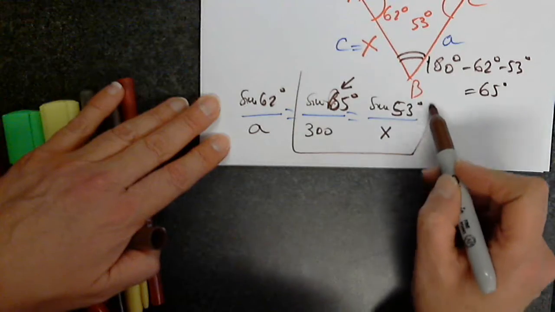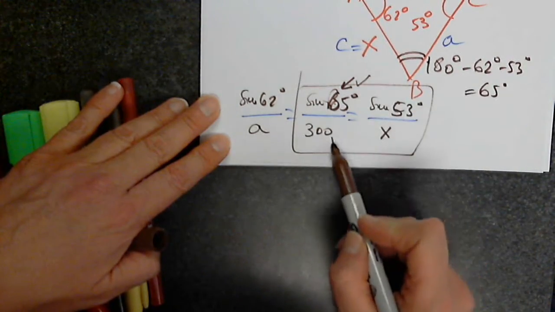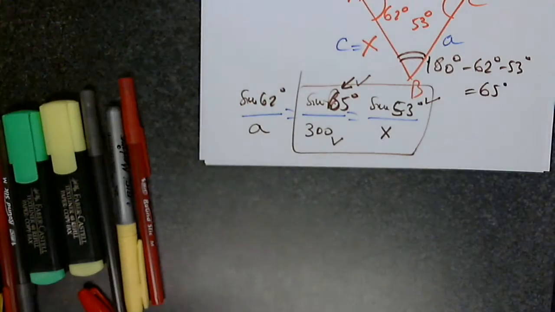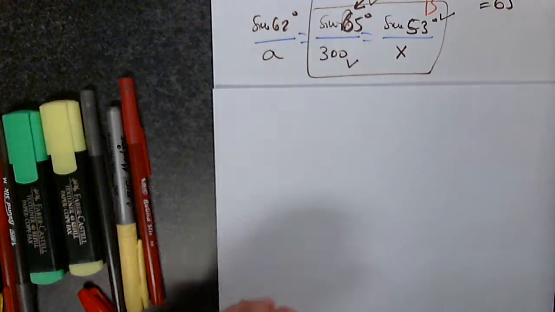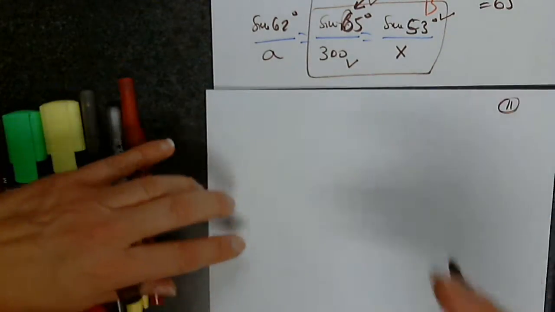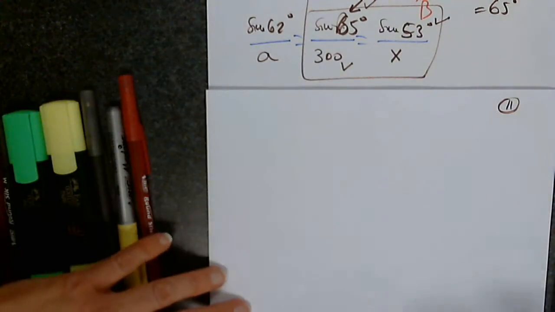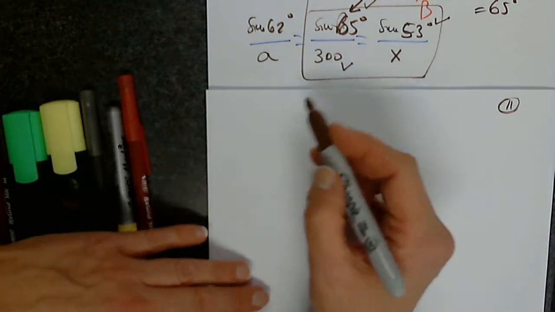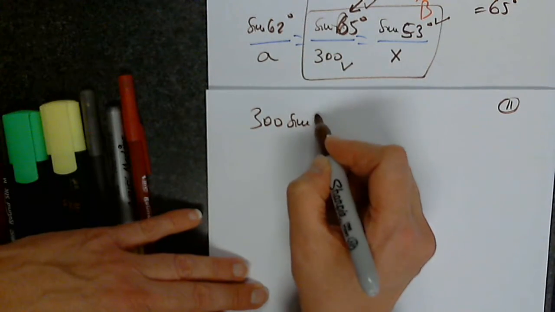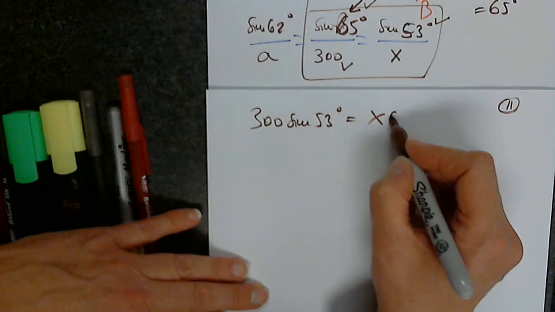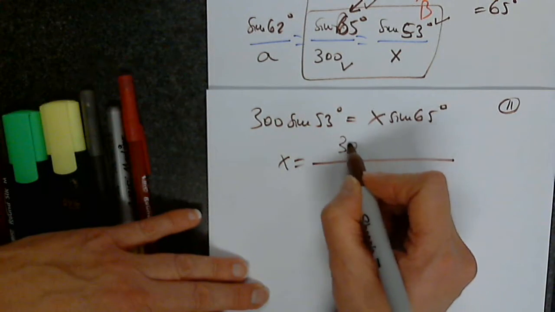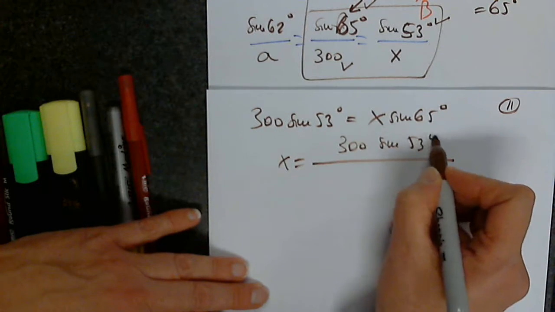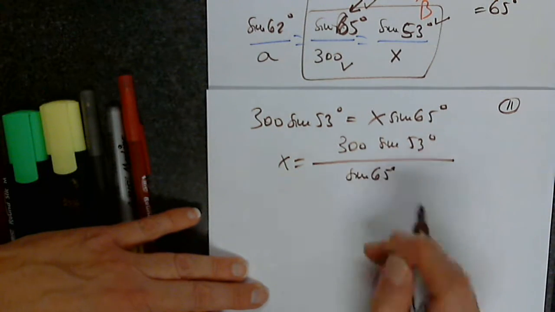So from this proportion, I have this, I have this, and I have this, and I can determine x. If I have two variables, I can't find what I'm looking for. So 300 cross multiply: 300 times sine 53 degrees equals x times sine 65 degrees. Therefore, x equals 300 sine 53 over sine 65.